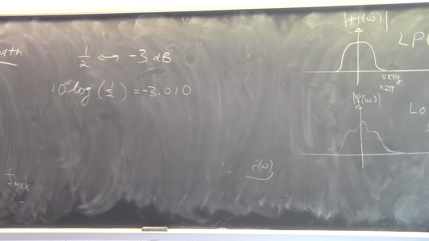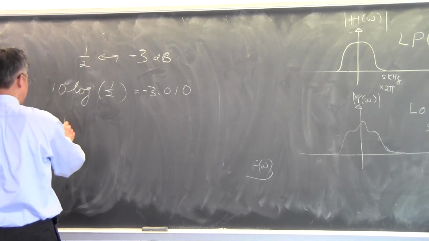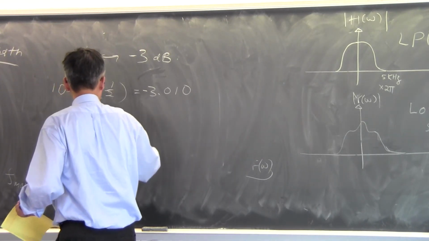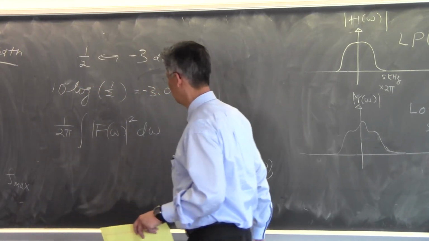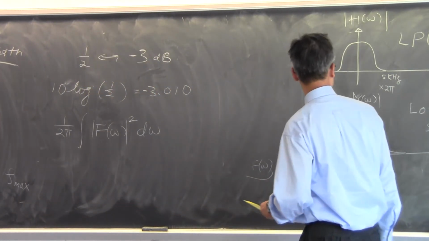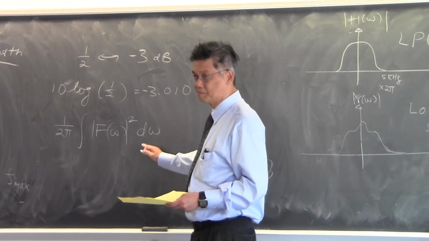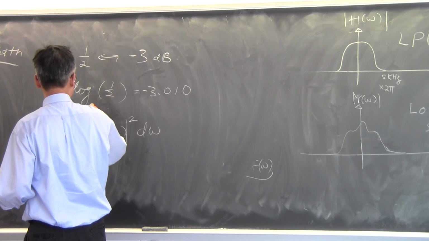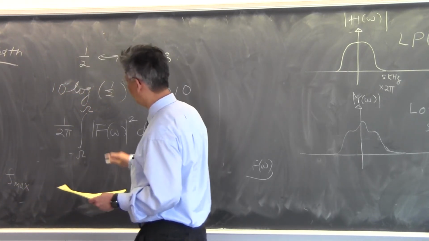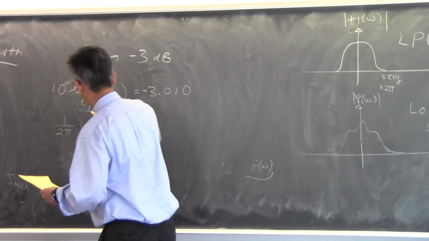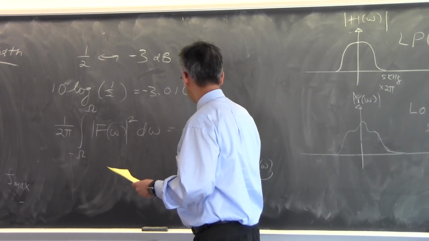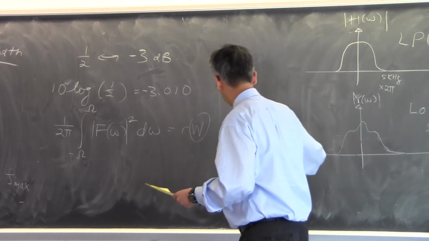And there are other definitions of bandwidth. You might want to define the bandwidth such that the energy in the Fourier space, this is calculating the energy in the Fourier space. We know that this is true by Parseval's theorem, that if you define the bandwidth to be omega, and you find the energy within this omega range, that is equal to R W, W being the total energy.